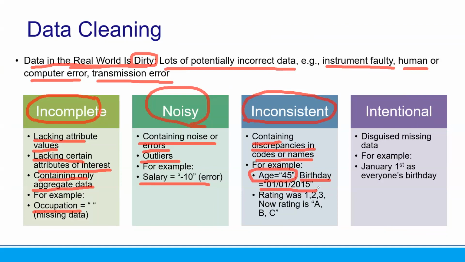So it is not consistent. Yeah, this kind of data, you need to clean it. Sometimes when you use ratings, some websites use ratings with numbers, 1, 2, 3. But other websites use ratings with letters, A, B, C. So if you want to integrate them, then it is not consistent.